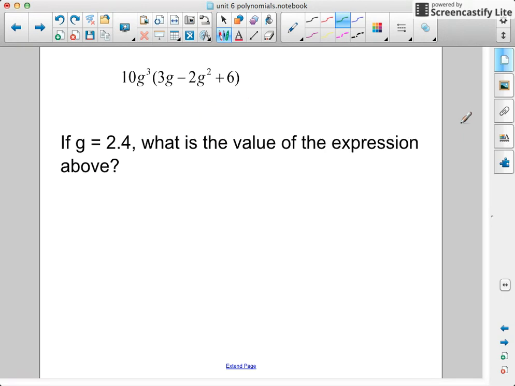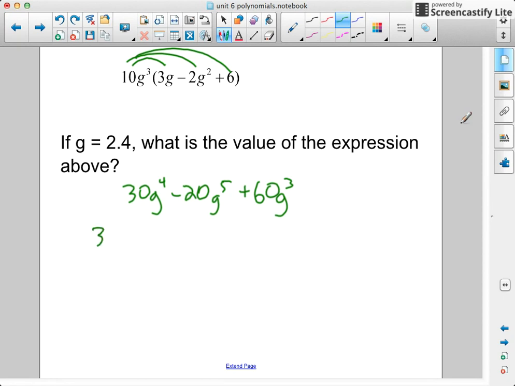Another one like that. Let's first do the multiplication, and then you can simplify it. So this would give you 30g to the exponent 4 minus 20g to the exponent 5 plus 60g to the exponent 3. To solve for this, if g equaled 2.4, I would put in my calculator 2.4 to the exponent 4.